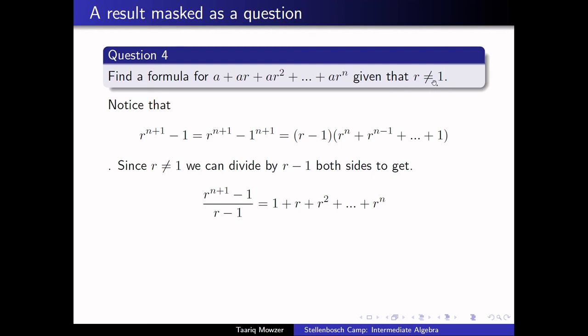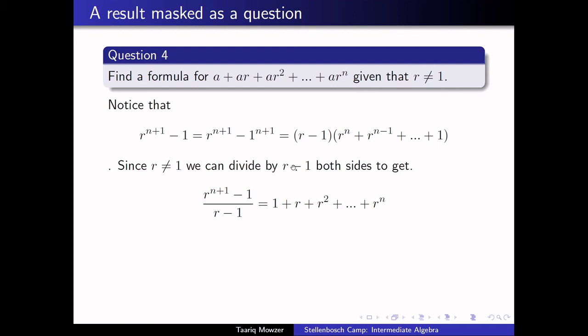Because if r was equal to 1, this would be equal to 0, and we wouldn't be allowed to divide through by it, since we can't divide through by 0. So since r is not equal to 1, we can divide both sides by r minus 1 to get this. It's just swapped around to make it look like this also.